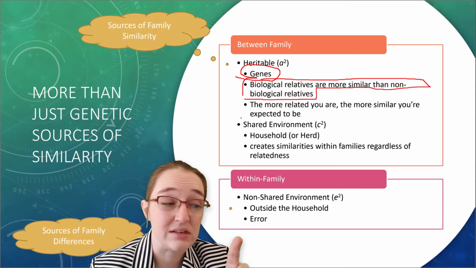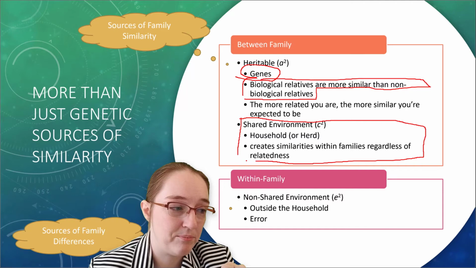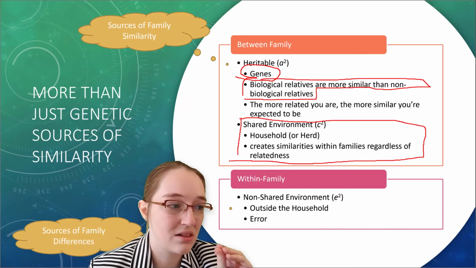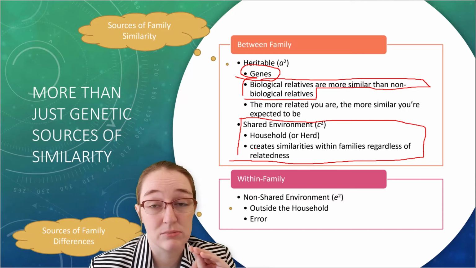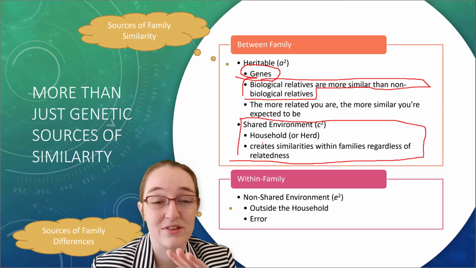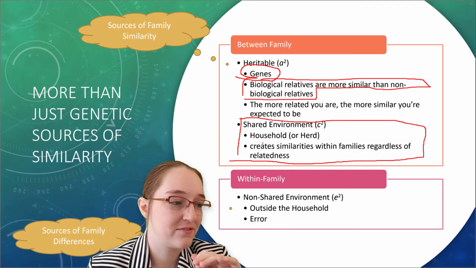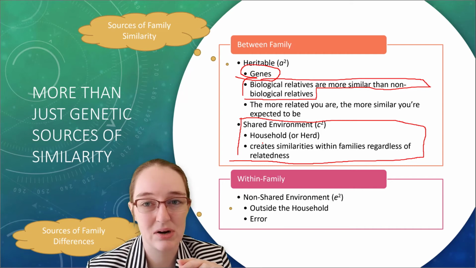Now there's another piece. It's called the shared environment. That piece is all about similarities within a family, regardless of how related they are. It doesn't matter if they're identical twins, adopted, half sibs, or cousins raised in the same home.